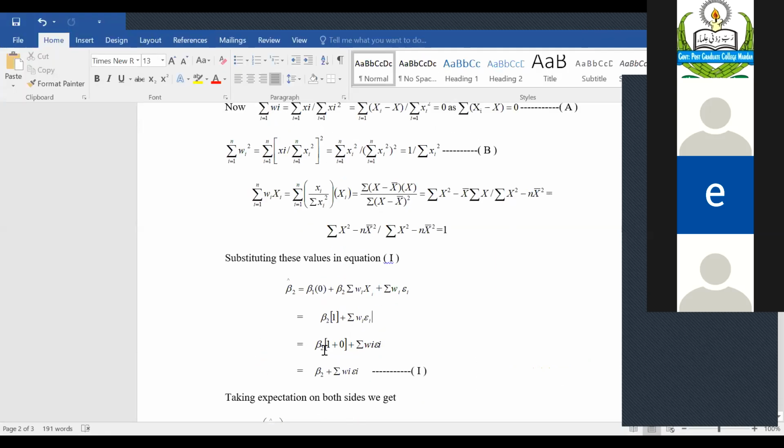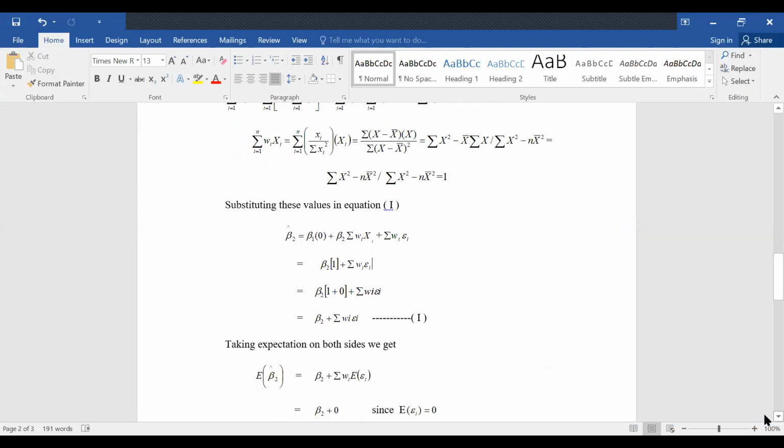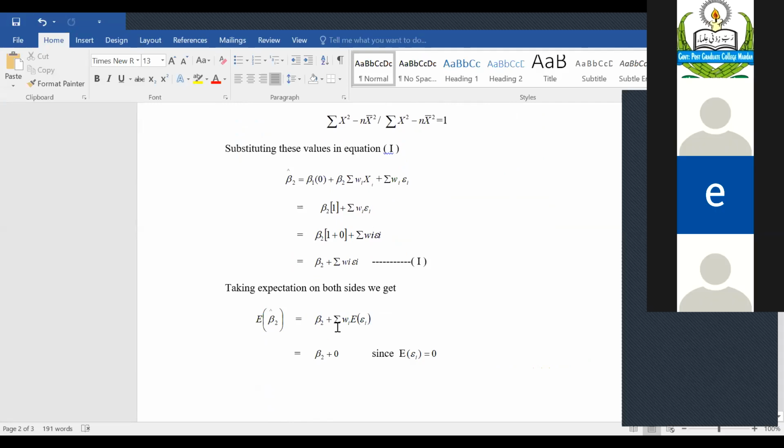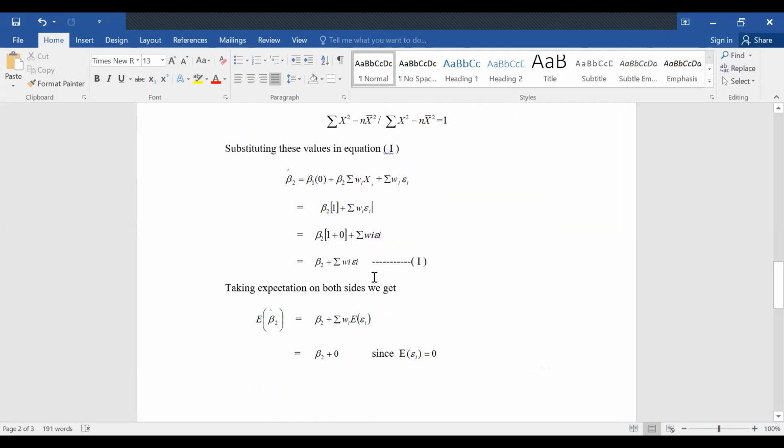So we have beta 2 plus summation wi ei. After taking expectation on both sides, that is expected value of beta 2 hat equals beta 2 plus summation wi applying expectation on ei.